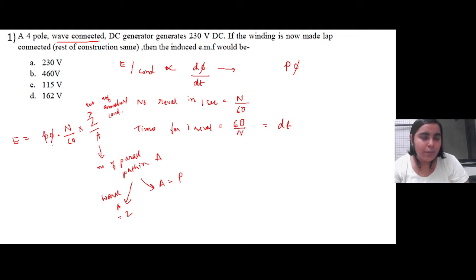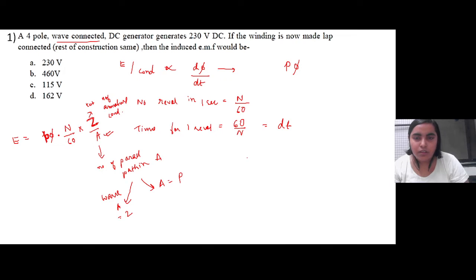Now the rest of the parameters can be treated as constant. Only due to the connection this A value will change, whereas the total number of armature conductors will remain the same, the number of poles will remain the same, and the flux and the speed will remain the same, as nothing is given in the question regarding it.